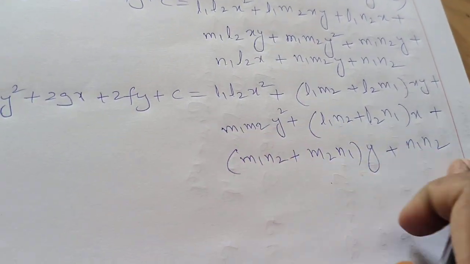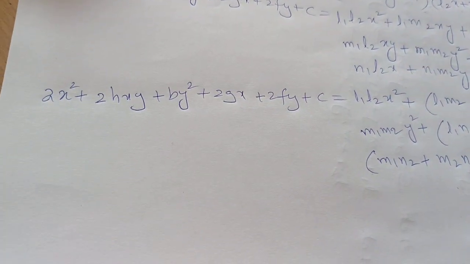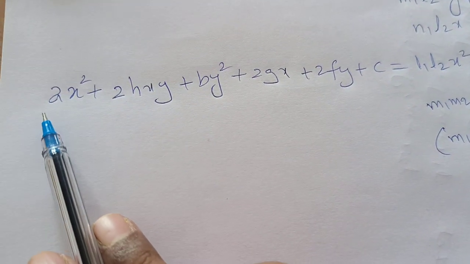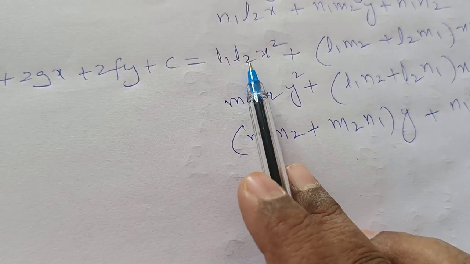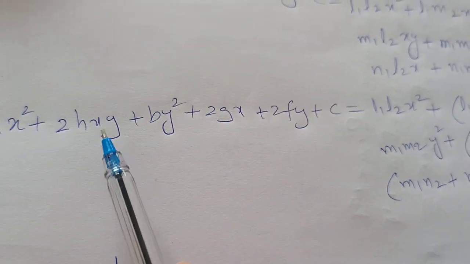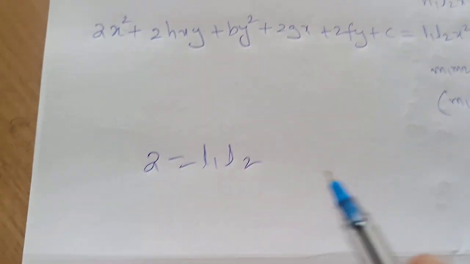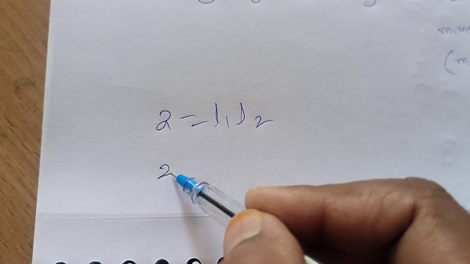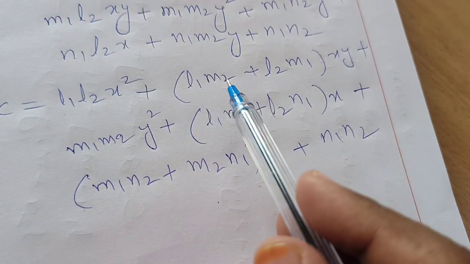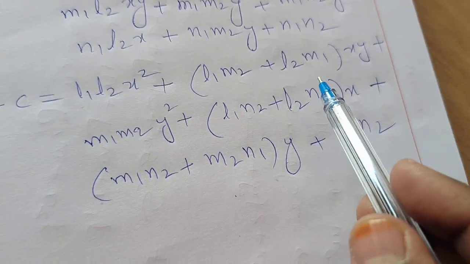Now we will compare these terms with the left hand side terms. The coefficient of x square is a, and on the right it is L1 L2, so a is equal to L1 L2. The coefficient of xy is 2h, and on the right hand side it is L1 M2 plus L2 M1.